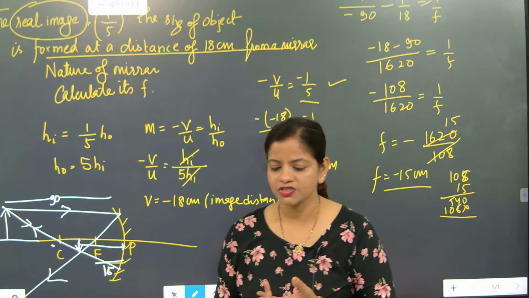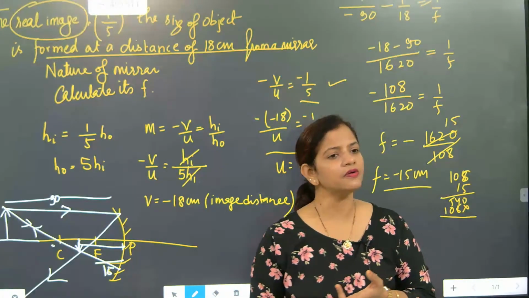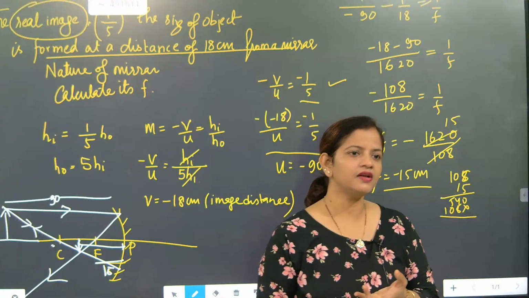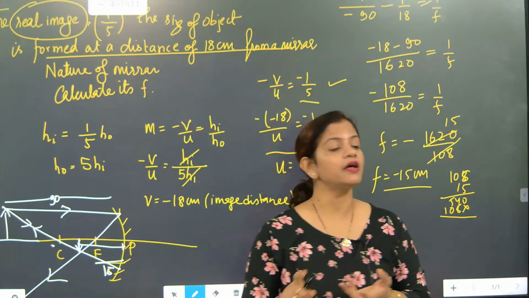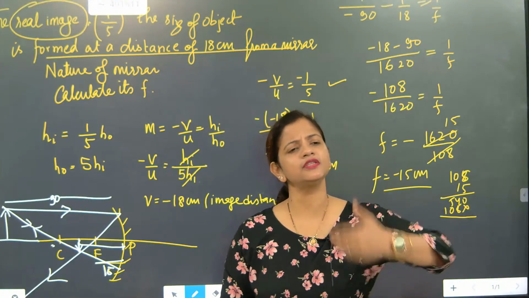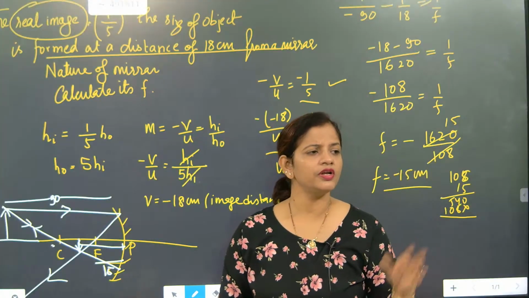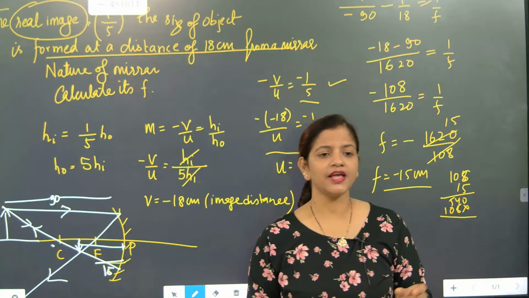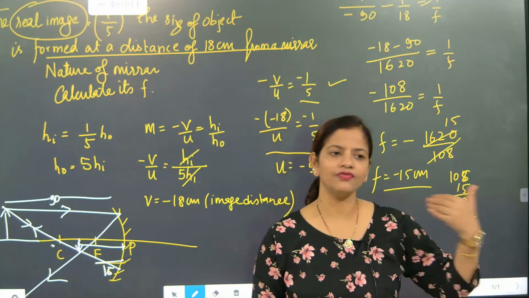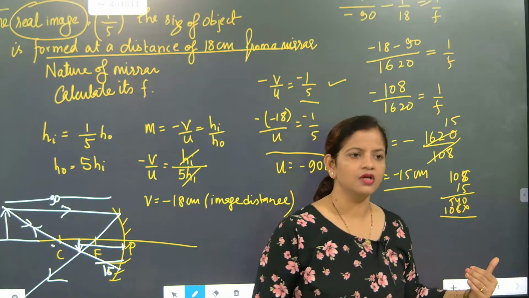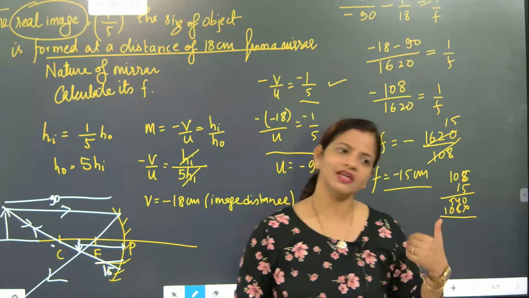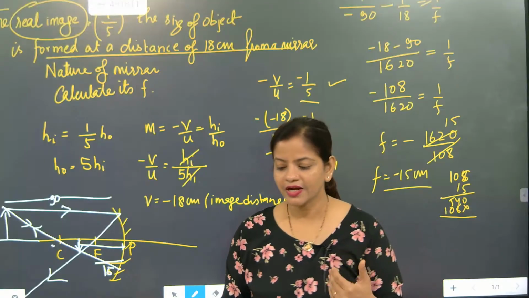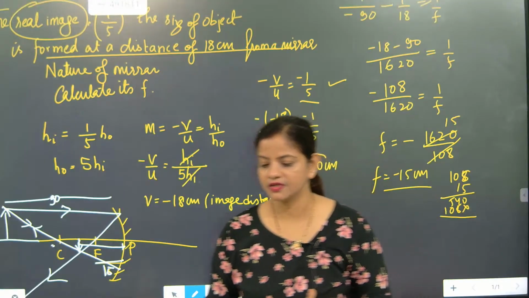Magnification is positive when the image is what, beta? Virtual and erect. And the next important point: till the curvature point, whatever image size there is, it will be smaller than the object size. But after curvature, as you go, the size keeps on becoming enlarged. Understood now? That is another important thing.